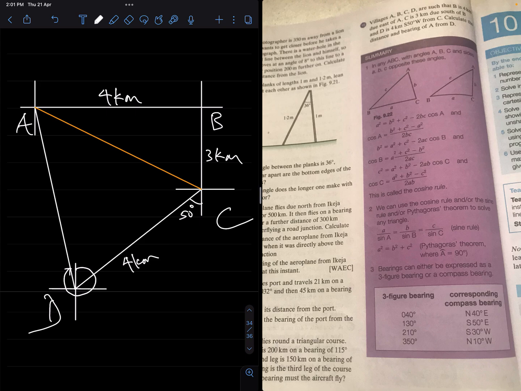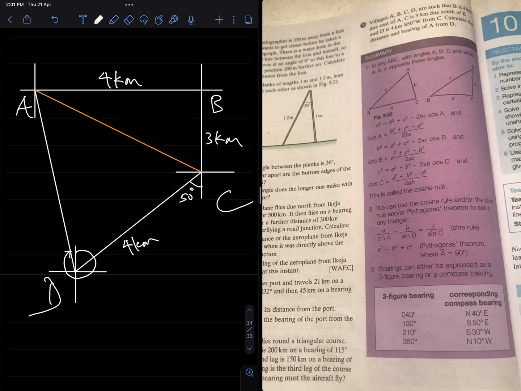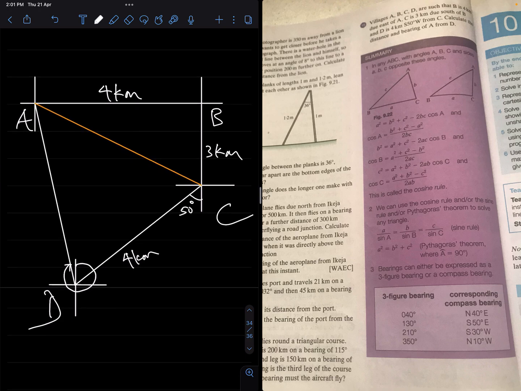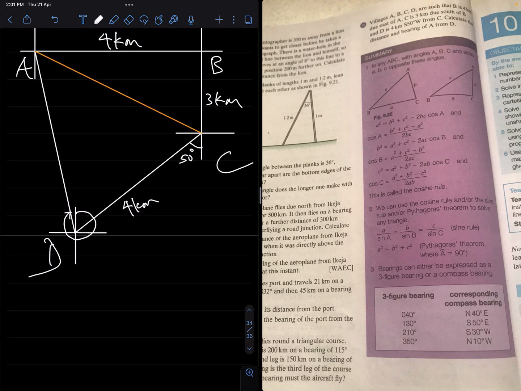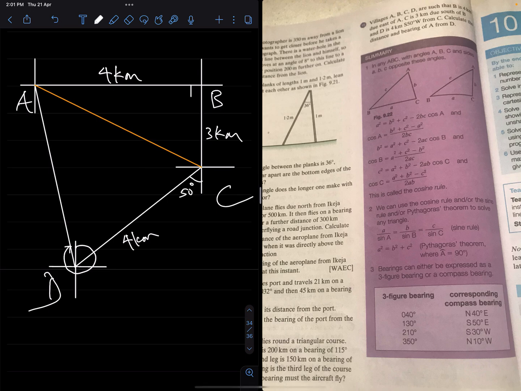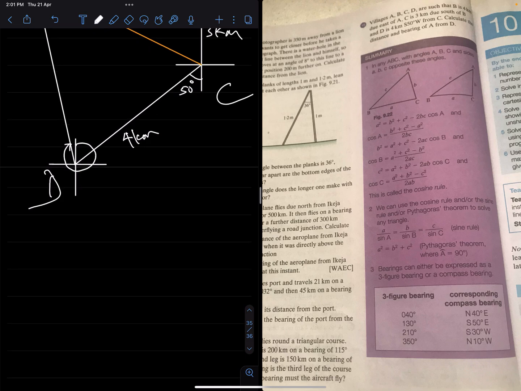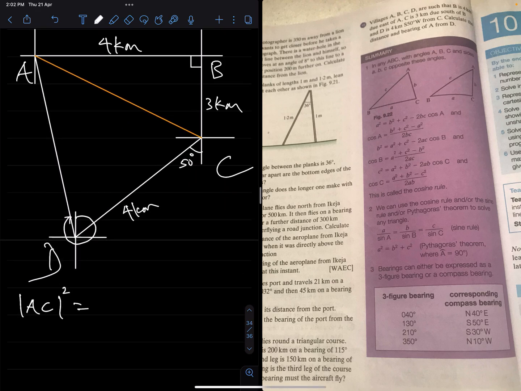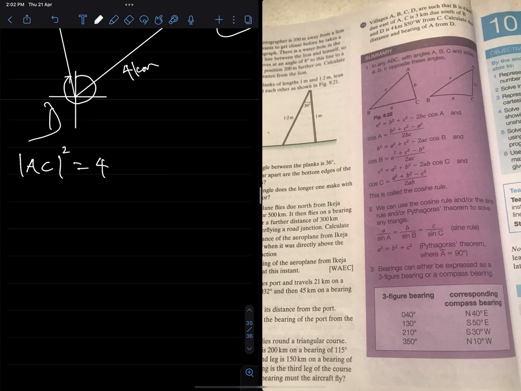I can use Pythagoras' rule to find AC. Of course, this is a right angle triangle because this is due east and this is due south. So AC squared in triangle ABC equals AB squared plus BC squared, which is 4 squared plus 3 squared.